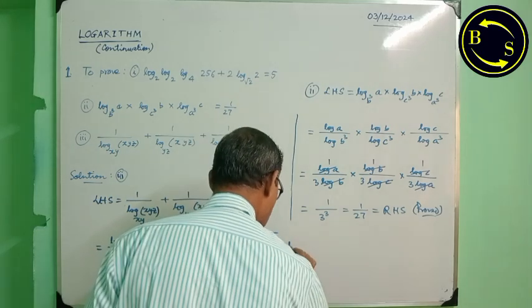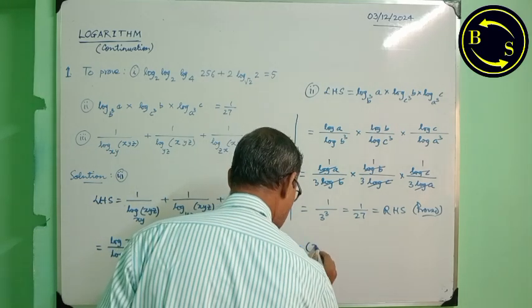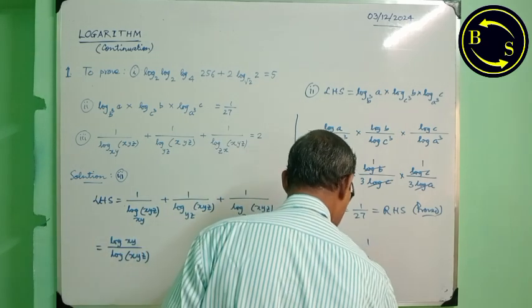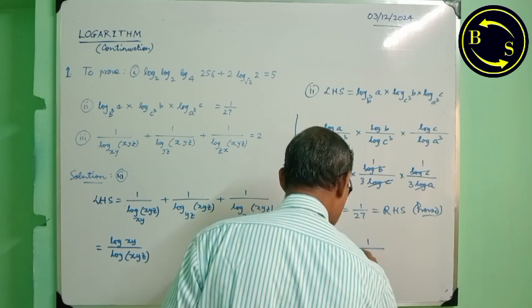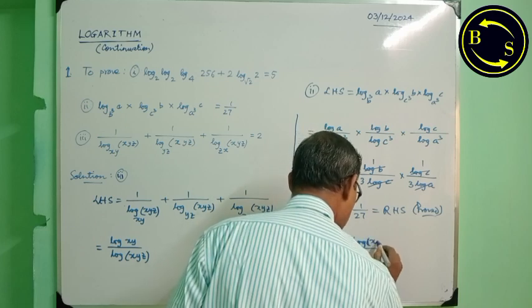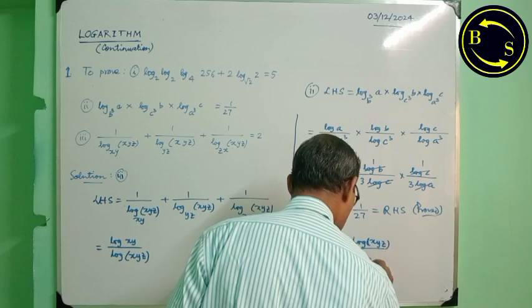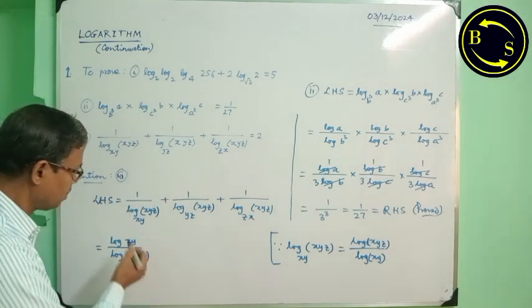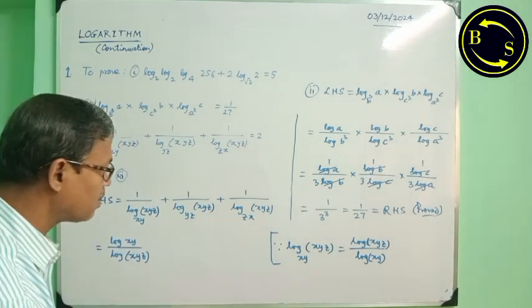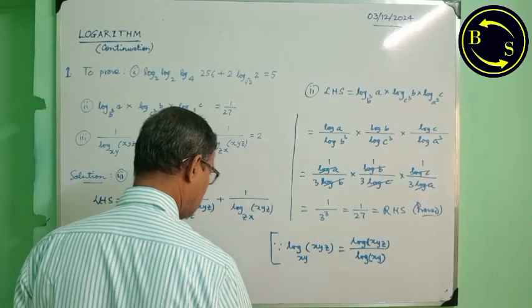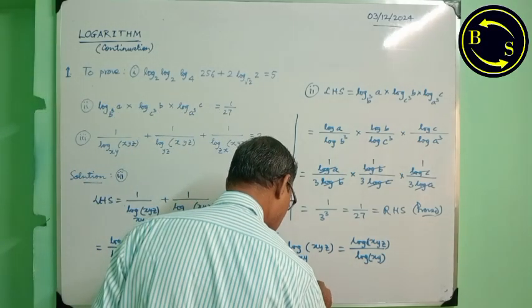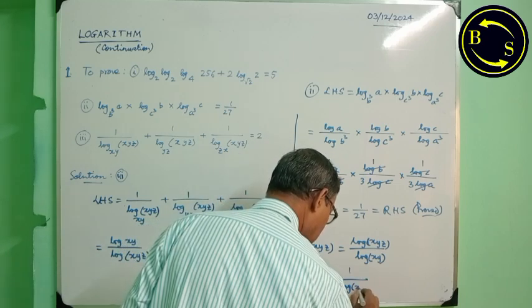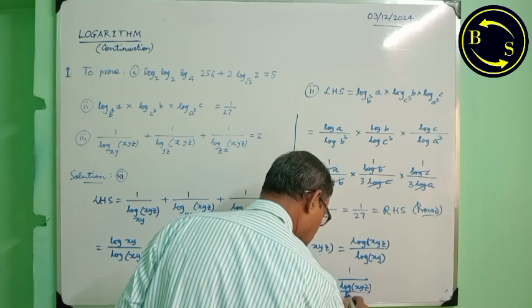Since log of xyz to the base xy is equal to log of xyz by log of xy, now 1 by this expression, the first term will be 1 by log of xyz by log xy.